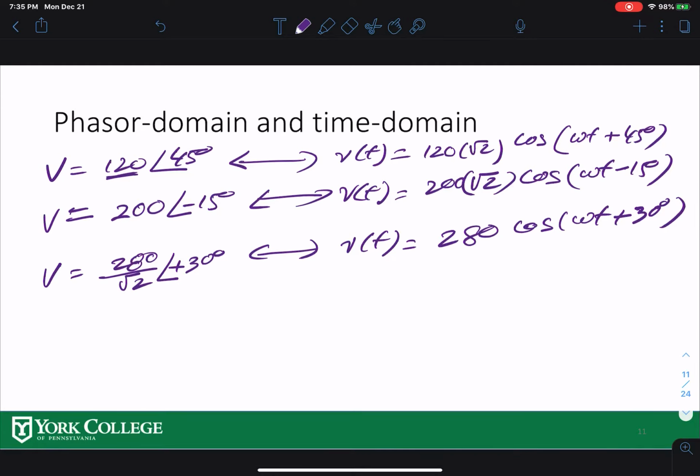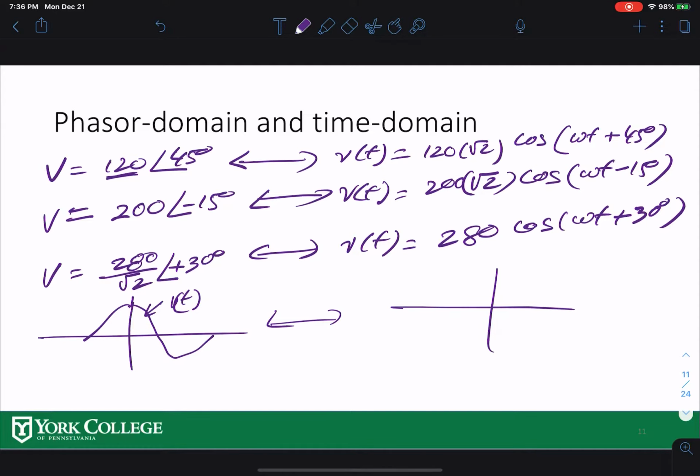So this is the simple thing for time domain and phasor domain. If I draw a signal over here, let's say I'm going to draw this signal at the zero reference. So this is a signal in the time domain with the reference angle of 0 degrees.